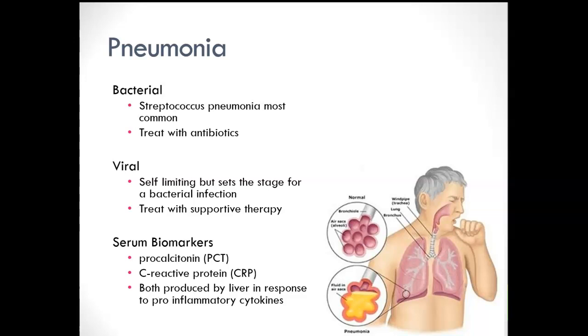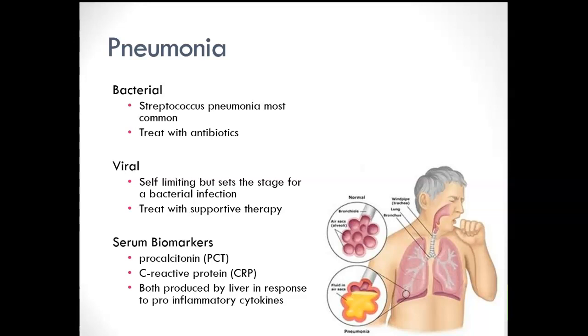Biomarkers that we look at, procalcitonin is a big one. So if your patient has a suspected infection, you'll see procalcitonin being done. C-reactive protein is an inflammatory marker. It talks about inflammation, so it could be high with appendicitis, but it could be high with pneumonia, it could be high with asthma, anything that causes inflammation.